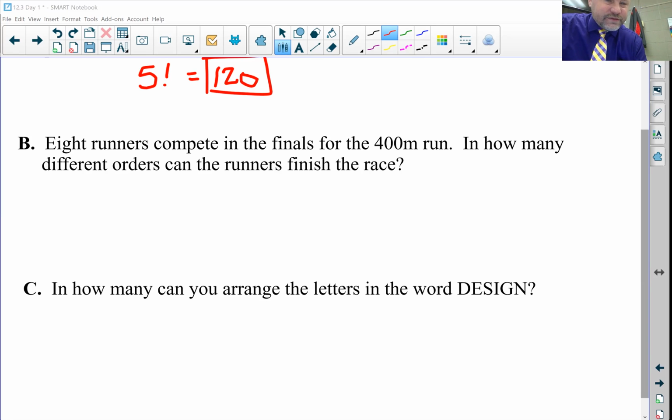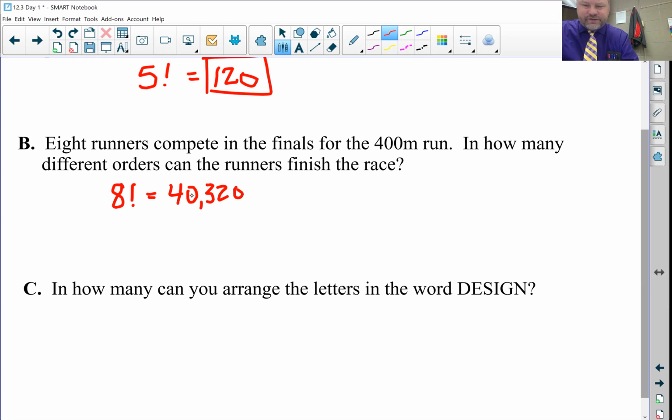So this is 8 factorial. And those two we actually calculated on the previous slide, 8 factorial and 5 factorial.